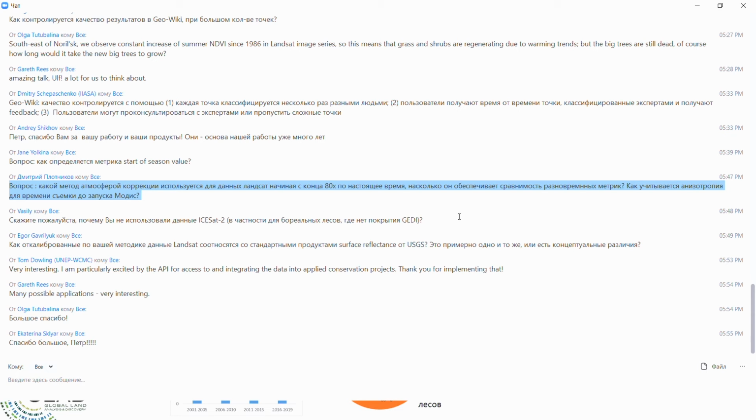We use stable data that we received analyzing MODIS data for the past 15 years. Stable data of reflectance coefficient. Our data set that we use for normalization does not change.